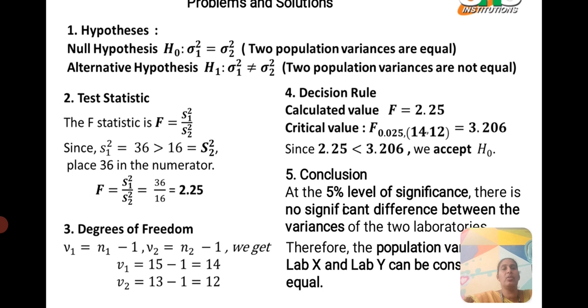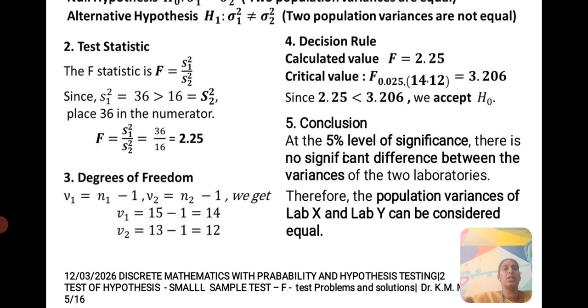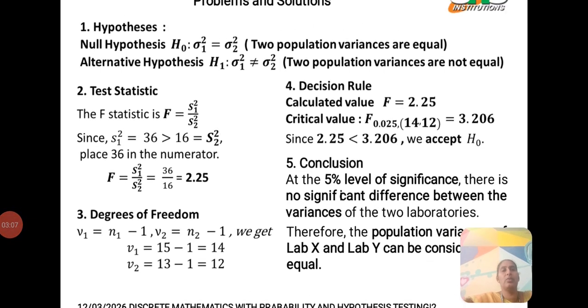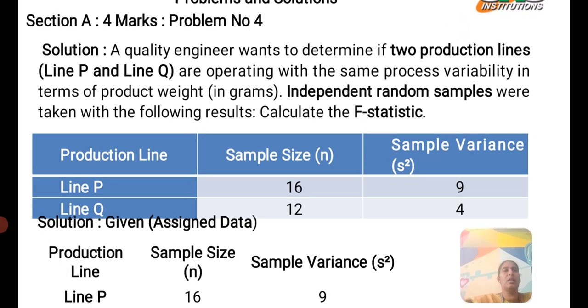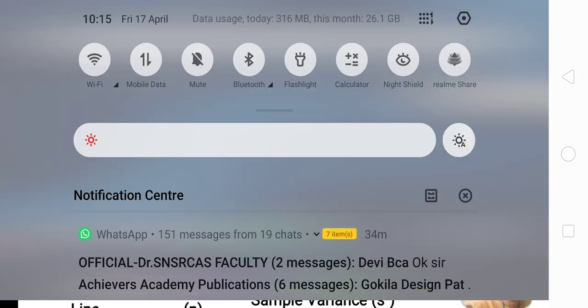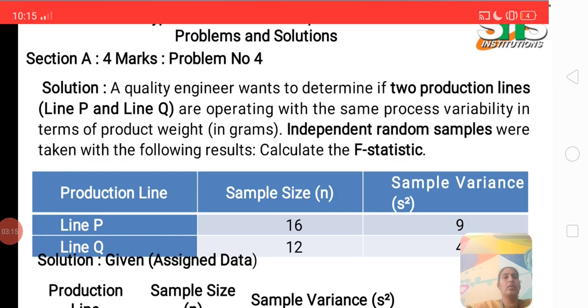At the 5% significance level, we conclude there is no significant difference between the variances of the two laboratories. So the population variances of lab X and lab Y can be considered equal.